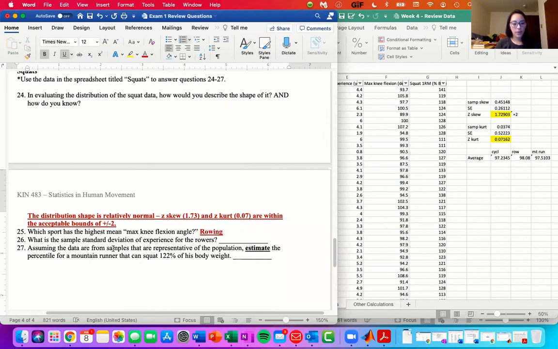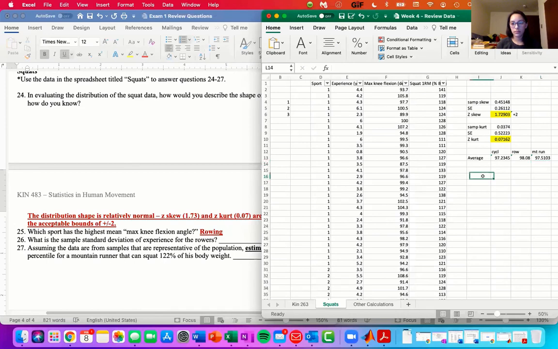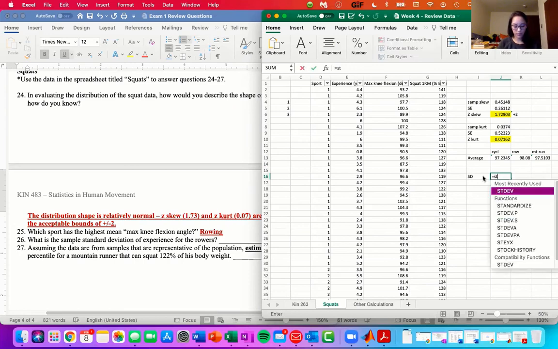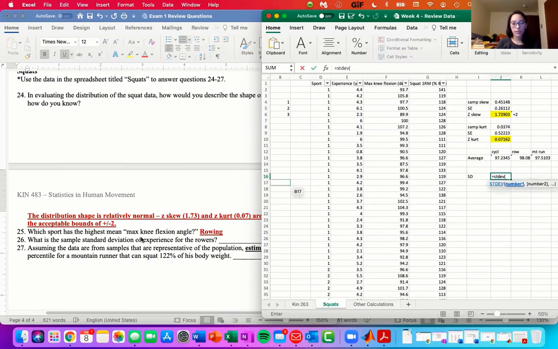What is the sample standard deviation of experience for rowers? I know I'm finding standard deviation. Okay. And experience is the column I'm interested in. Rowers is just the data label or the range of labels that I'm looking at.